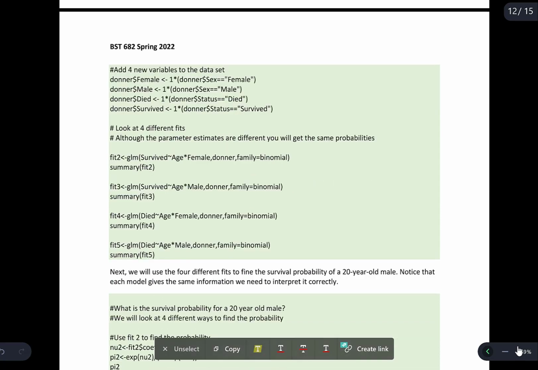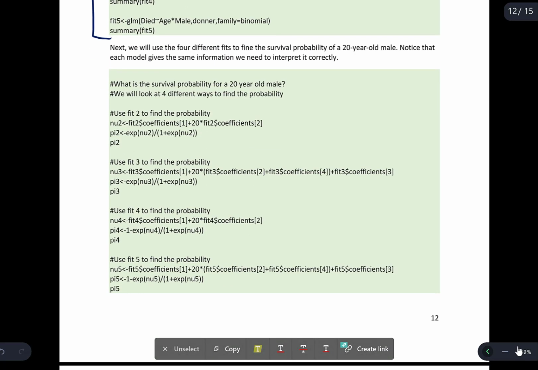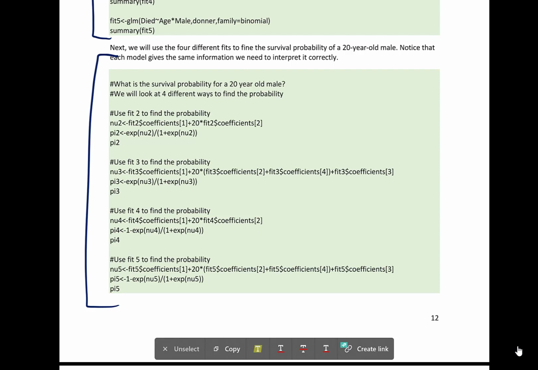And so in particular, I'm going to show you that for the Donner Party example, you can actually fit 4 different models, and then you can use those to find the probability of survival for a 20-year-old male. And depending on which of the models you fit is how you're going to go about that.